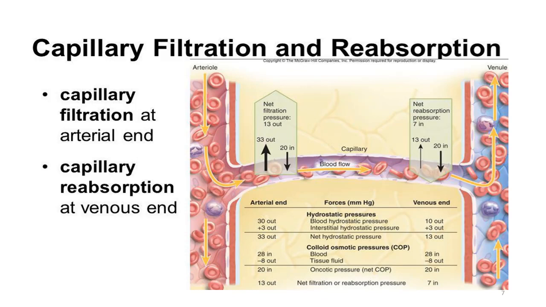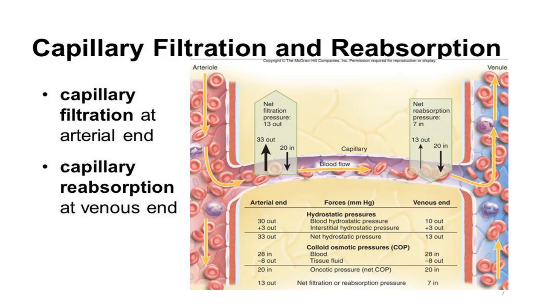The difference of these two digits, 28 minus 8, is about 20 millimeter of mercury inside the blood. So the final summation of hydrostatic pressure and colloid osmotic pressure at the arterial end is 30 millimeter of mercury out of the capillary. So that's for the arterial end.